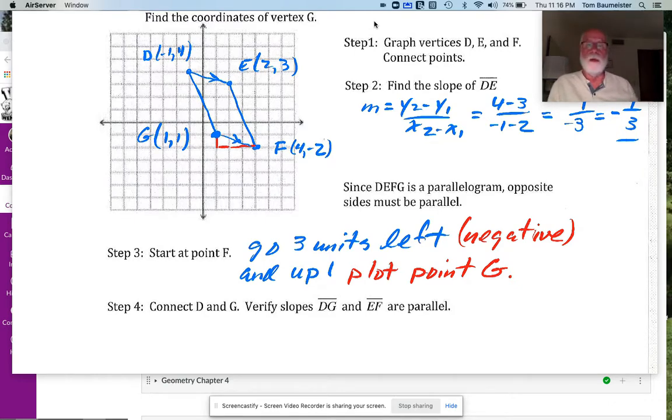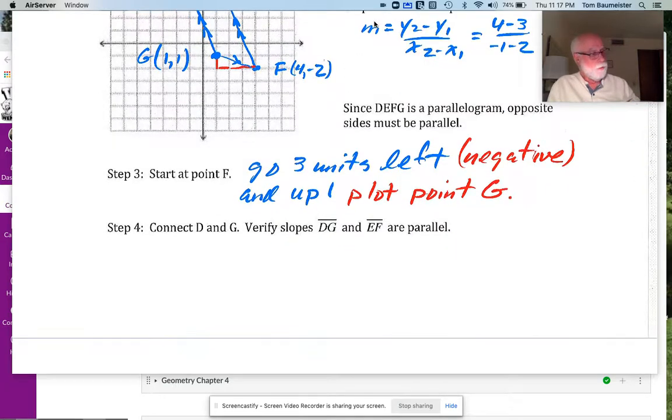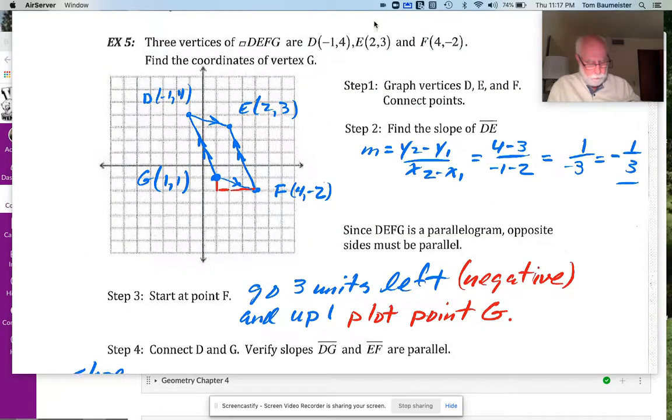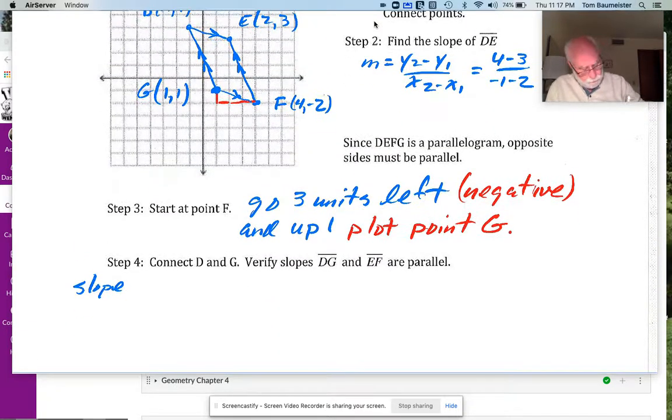So now to prove that it is a parallelogram, all right, we have to verify that DG, that this line here is parallel to this line here. And to do that, what are we going to do? We're going to find the slopes of both of them. So the slope of DG, okay, again, I'm going to use y2 minus y1 over x2 minus x1.